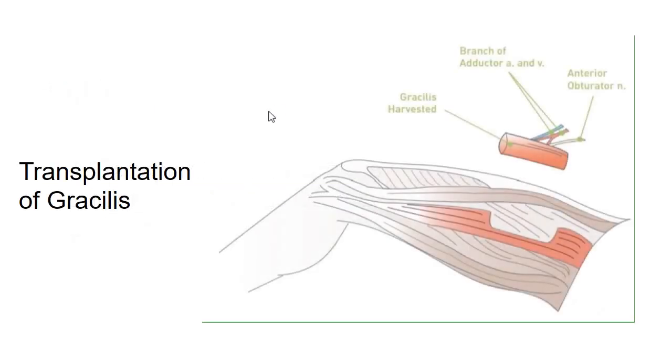Number one is transplantation of gracilis muscle. As gracilis is a relatively weak member of the adductor group of muscles, it can be removed without any noticeable loss of its action on the leg. Surgeons often transplant the gracilis or part of it with its nerve and blood vessels to replace a damaged muscle in the hand.